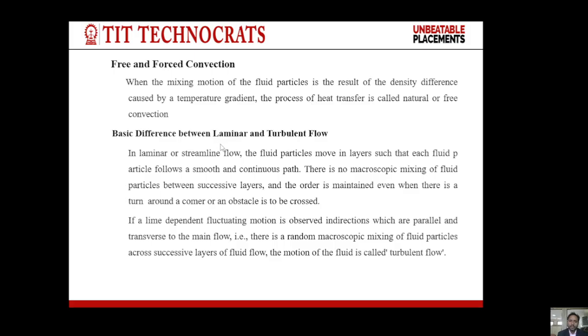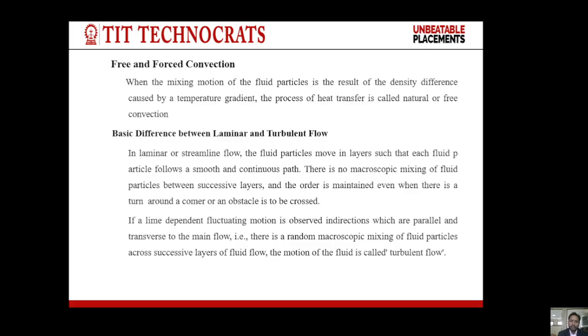The next thing which will differentiate between types of flow is laminar and turbulent flow. As we know that convection heat transfer is just because of fluid flow, so we have to consider the type of flow of fluid also. In fluid mechanics, if fluid is flowing over a surface, we have two types of flow, that is laminar and turbulent, and the type of flow will also decide the rate of heat transfer.